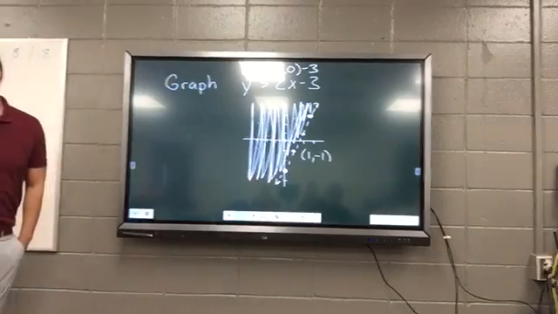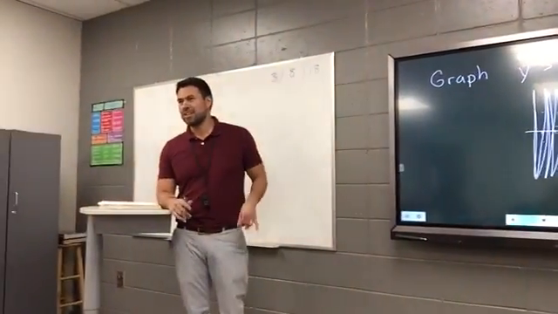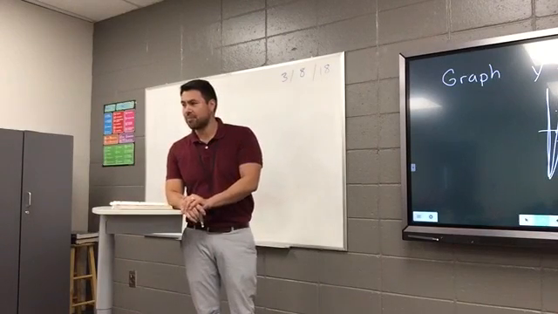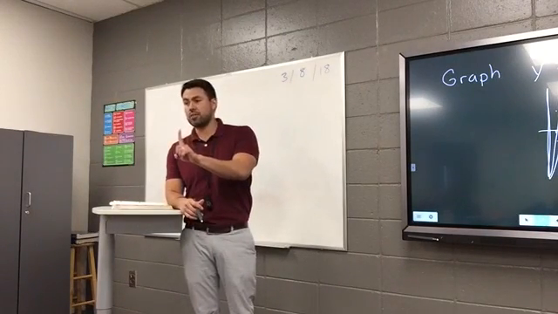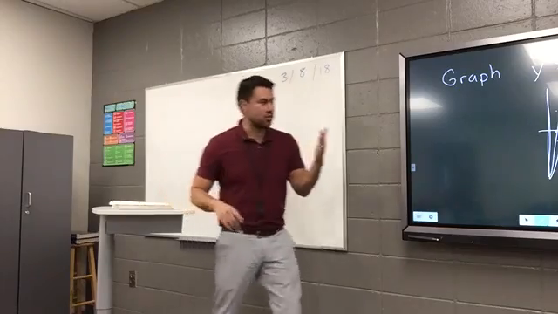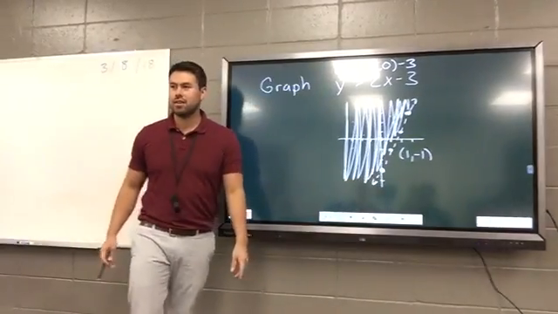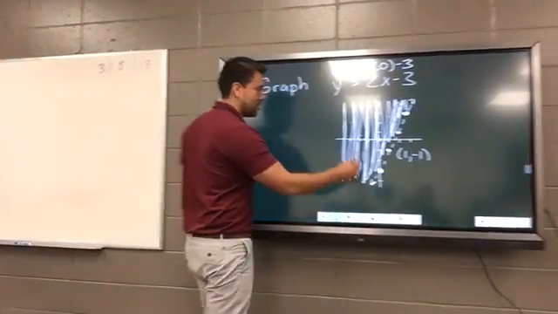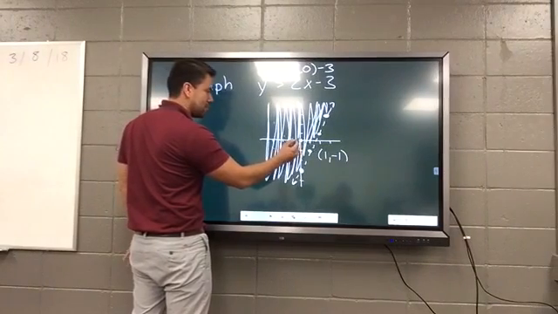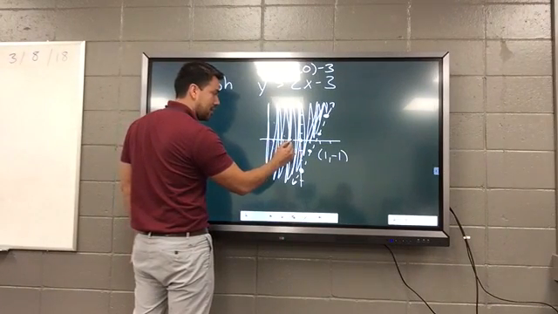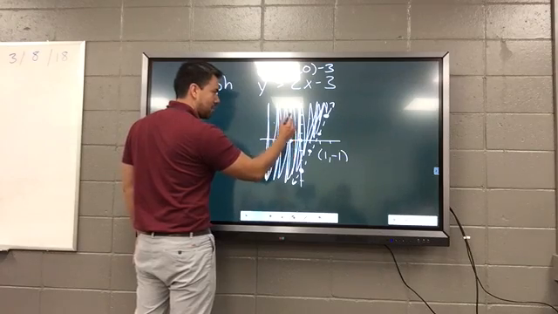Don't just take what I say if you're doubting it. I need every single one of you, without communicating with each other, to pick a point in this shaded region. Pick any point. Don't make it too hard on yourself. Maybe pick this point, or this point, or that point.